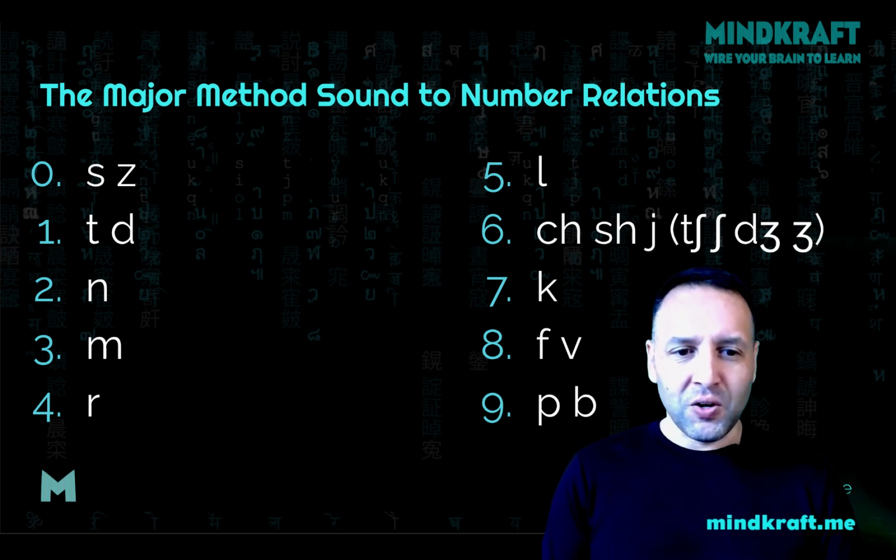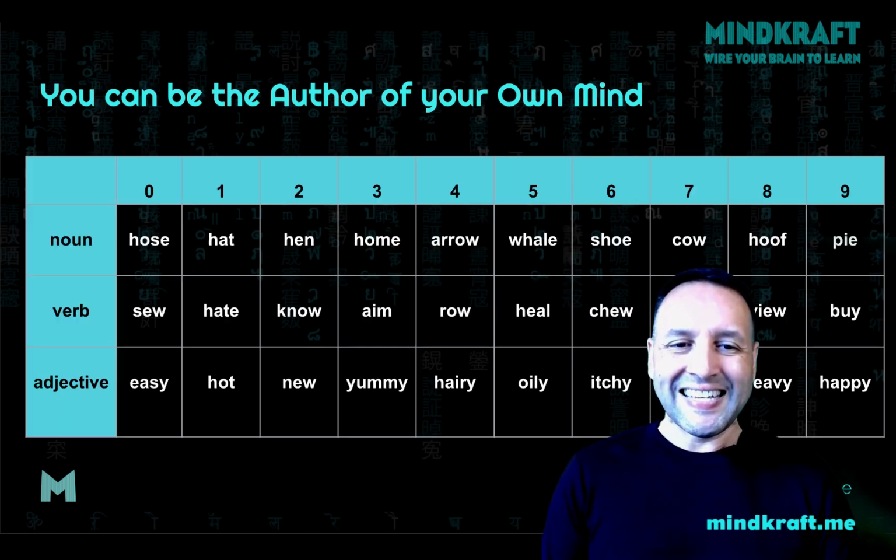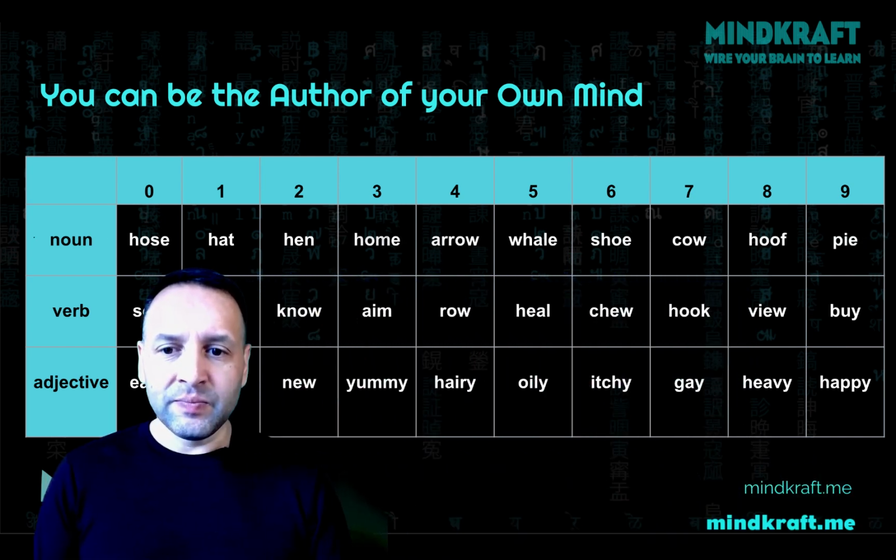Here are some examples. So 0, hose. So, easy. 1, hat, hate, hot. 2, hen, no, new. 3, home, aim, yummy. 4, arrow, row, hairy. 5, whale, heel, oily. 6, shoe, chew, itchy. 7, cow, hook, gay. 8, hoof, view, heavy. 9, pie, buy, happy.